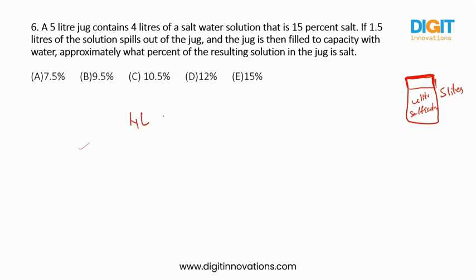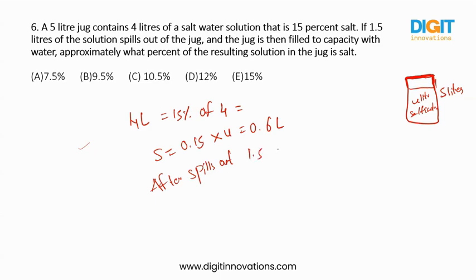So in the 4 liters, 15% of these 4 liters will be salt. That means it would be 0.15 into 4, which is 0.6 liters salt. So this is the salt one. And after 1.5 liters spills out, since the solution is uniform, salt also spills in the same ratio, which is 15%.